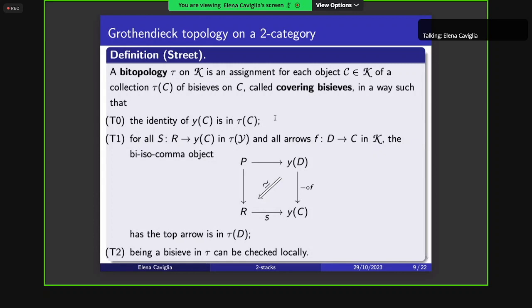The first is saying that the maximal bisieve is a covering bisieve, while the second one is saying that covering bisieves are closed under bi-isocomma objects. So instead of pullbacks, here we have an upgrade to bi-isocomma objects in dimension 2. And the third condition is just saying that being a covering bisieve can be checked locally.